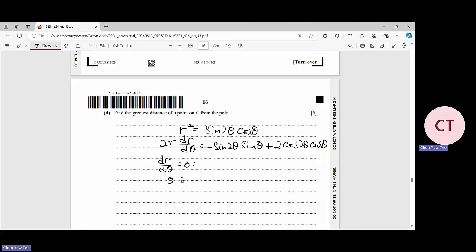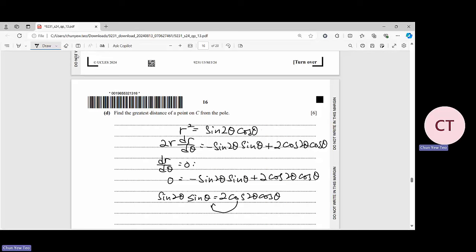That means 0 will be negative sine 2 theta sine theta plus 2 cos 2 theta cos theta. So over here, you will get sine 2 theta sine theta equal to 2 cos 2 theta cos theta.